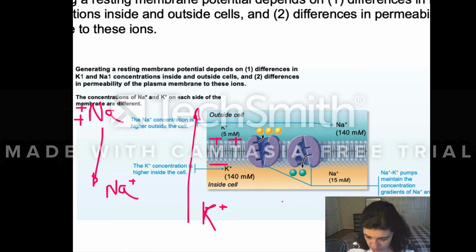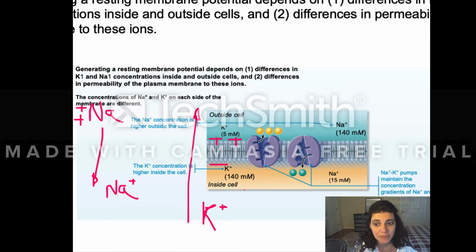Let me just see if I'm telling you the right thing. You're able to keep a membrane potential because you are doing a maintenance of this leaking of potassium out and sodium in by using the sodium potassium pump that spits sodium out and spits potassium in.